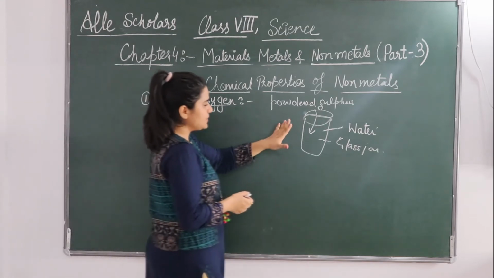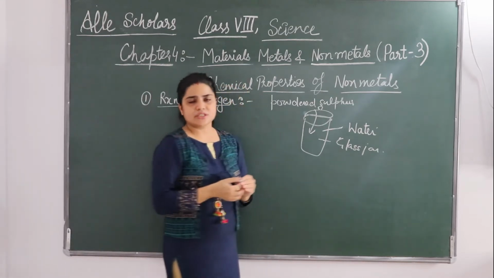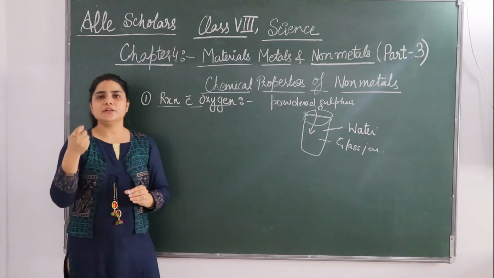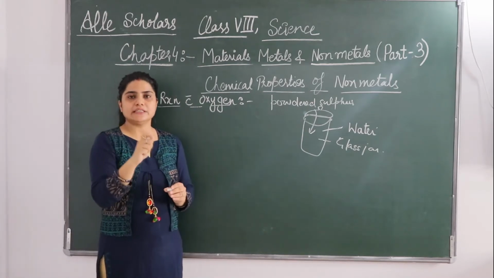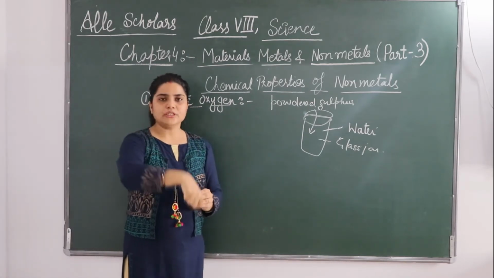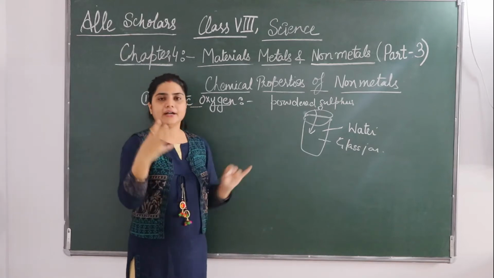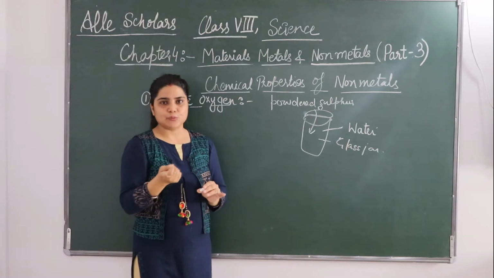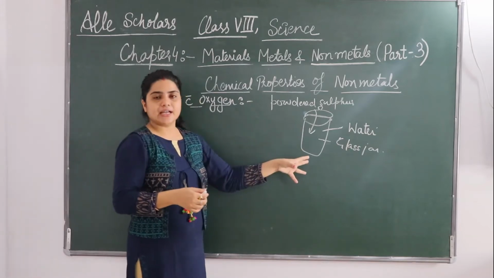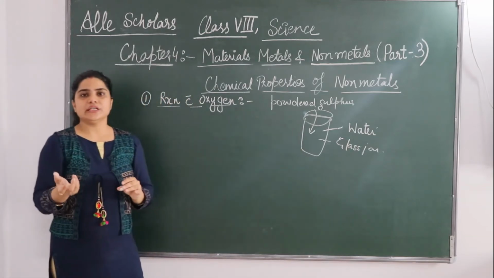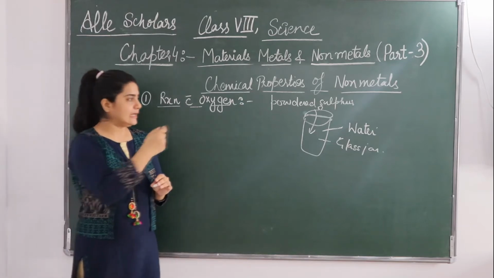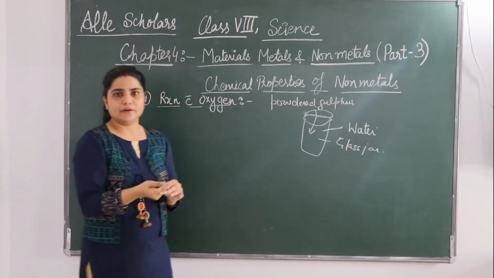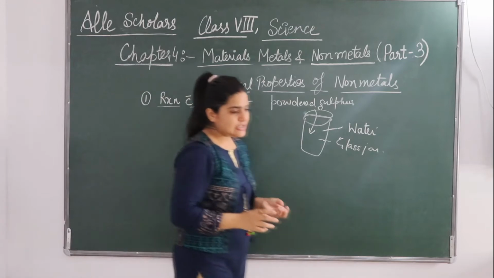Okay, so I hope this experiment is very clear to you. You just need to take powdered sulfur and burn it. When it starts burning, put it in a glass jar and cover the jar with a lid. After some time, remove the spoon, put water in the glass jar, remove the lid, and take red and blue litmus paper and check the change.